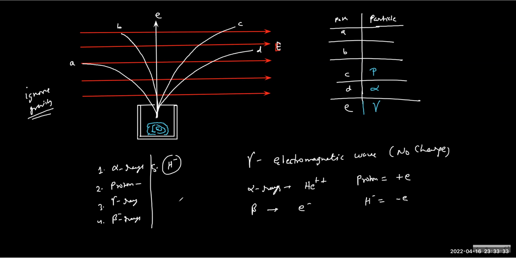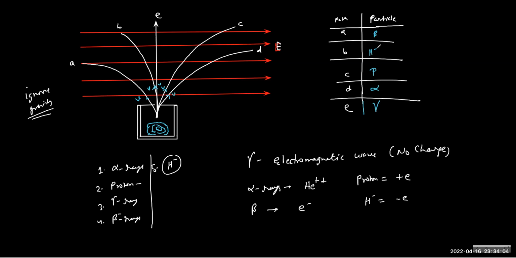Because to decide the deviation, what we are assuming in this question is that everyone is coming with the same velocity. So deviation depends on the acceleration, right? Yes, sir. Hydrogen has more mass, so it will be more difficult to turn it. So that will be B, and beta rays will be A.